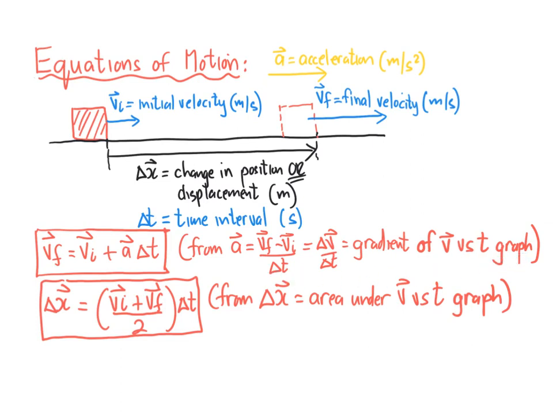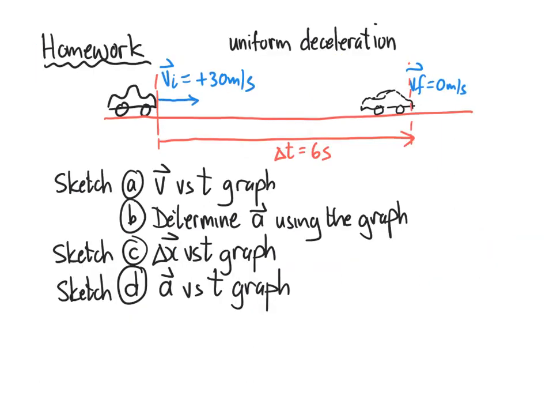The acceleration is the gradient of a velocity versus time graph, and if one rearranges this equation, one gets this equation. And if one works with the area under the velocity versus time graph, as we have just done in the homework, then we land up with this kinematic equation. We will be using these two equations shortly.